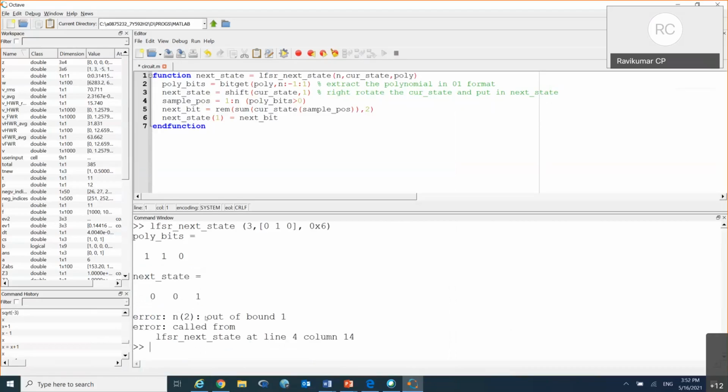Then N2 out of bound 1. Polybits greater than.